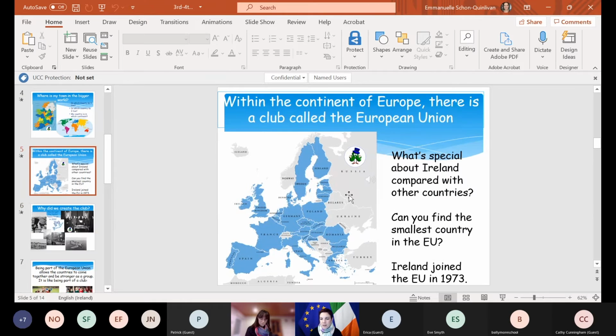And the children love finding the smallest country in the EU, which is Malta down here, the little confetti here, and getting a sense that Ireland is indeed on the periphery, on the western side. It's an island compared with others that might be landlocked, like the Czech Republic.